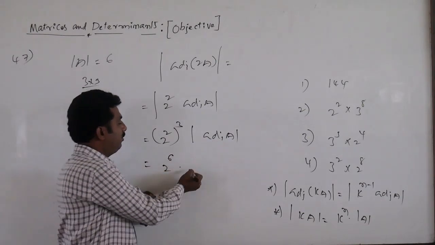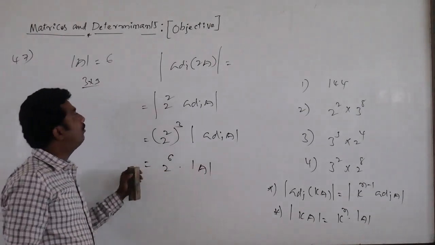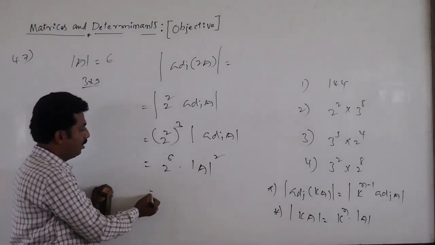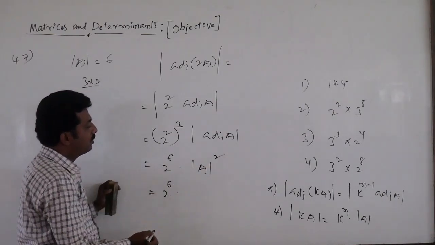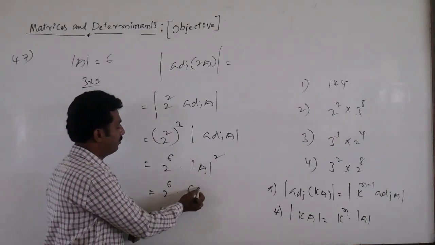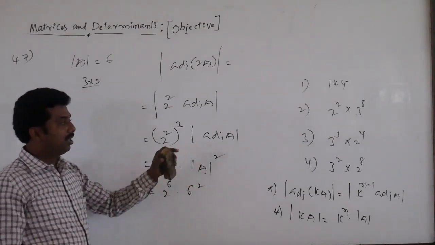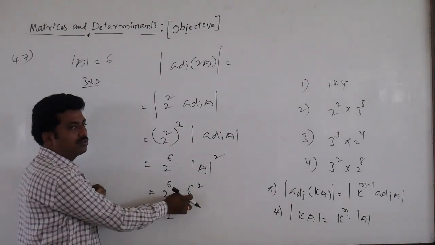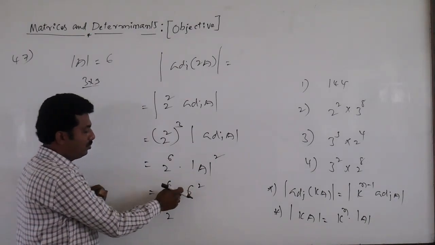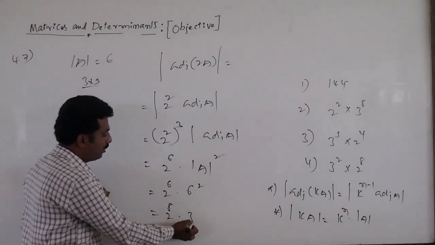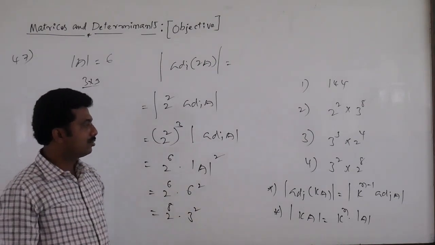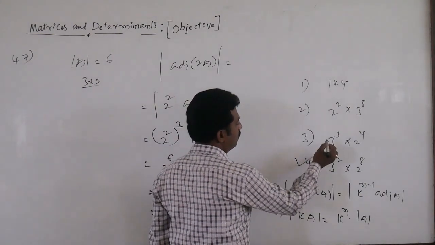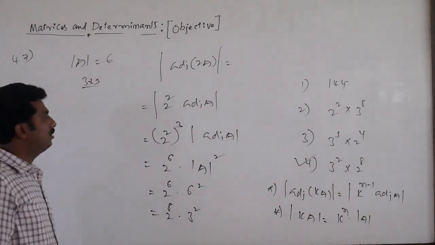The determinant of adjoint of A means (det A) to the power n minus 1, with n being 3, this is whole square, so 2 to the power 6 into 6 square. The options are not like this, so 2 to the power 6 is 2 square into 3 square; 2 square here means 2 to the power 8 into 3 square. So this is the answer, the fourth option.